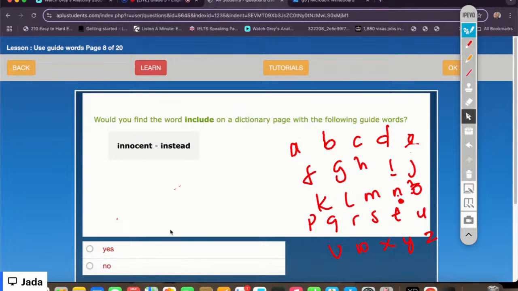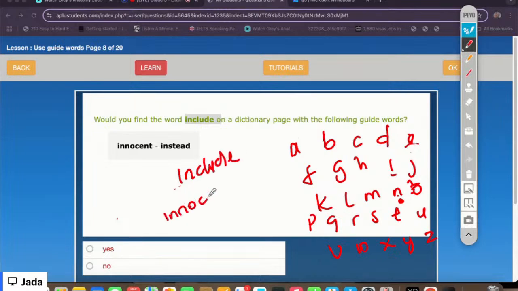So option one, no. You have include here. So we have include and we have innocent, okay? And instead. Now, take a look at this. The first two letters are the same, IN, right? So since the first two letters are the same, we have to look at the third letters, okay?